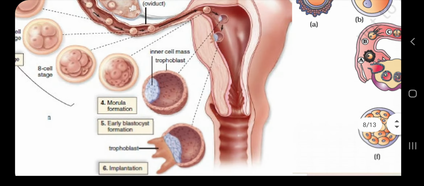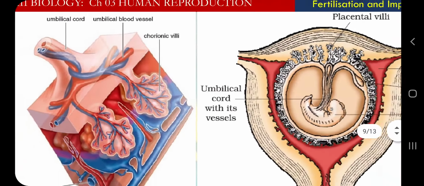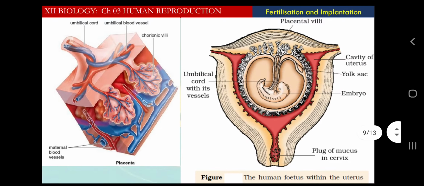After implantation, the embryo will develop, and as I have discussed in the human female reproductive system about the menstrual cycle and ovarian cycle, for this stage the uterus is already prepared by increasing the blood supply.